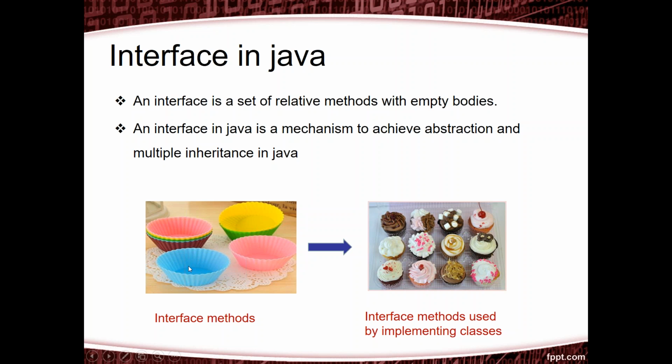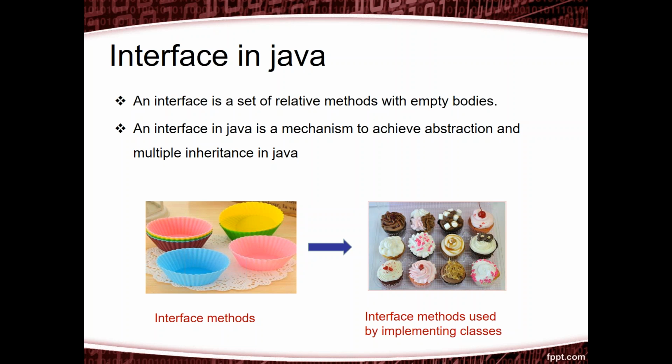Yes or no? Okay, so these are the molds. What is the purpose of a mold? When you go to different vendors, they will give you different molds. I want a mold like a spherical one. If you put mud inside it, you can make the mud into the shape of a sphere, right?